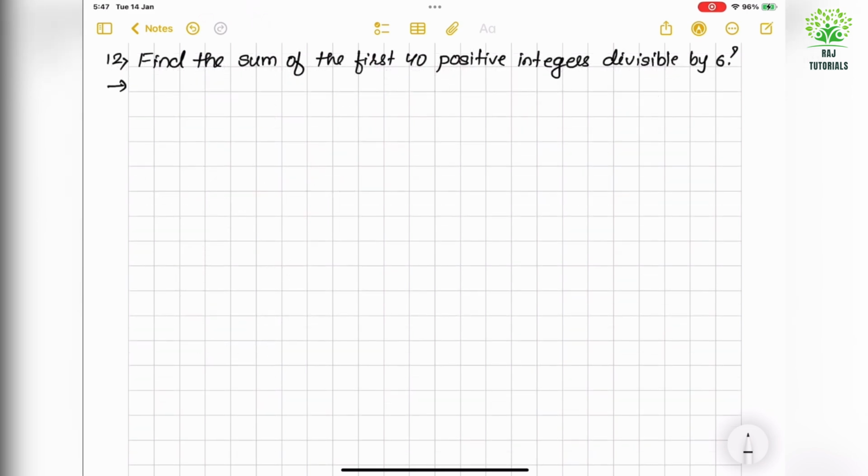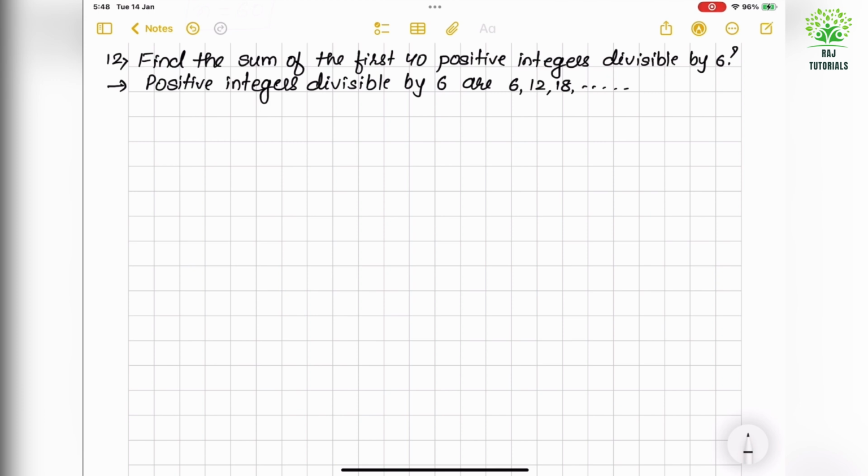Now the next question says find the sum of the first 40 positive integers divisible by 6. Positive integers divisible by 6 are 6, 12, 18 and so on.